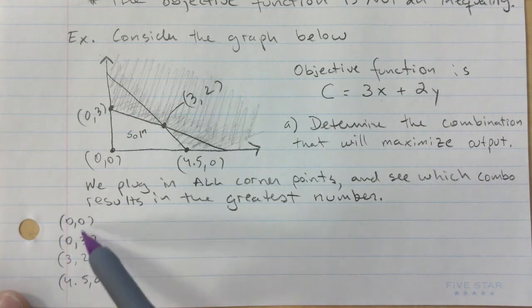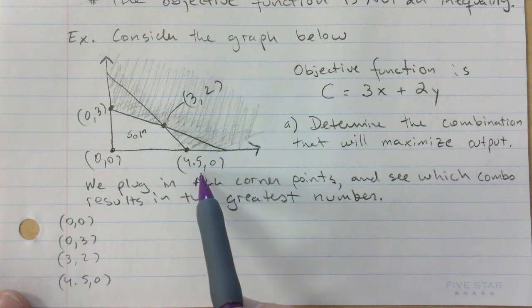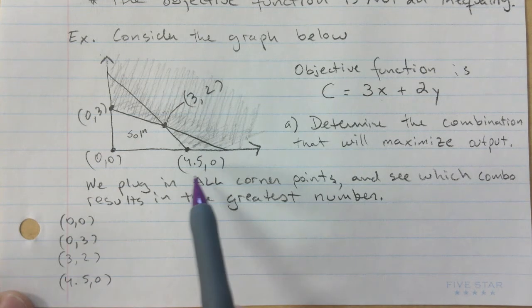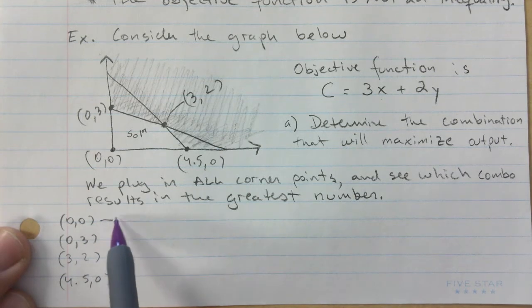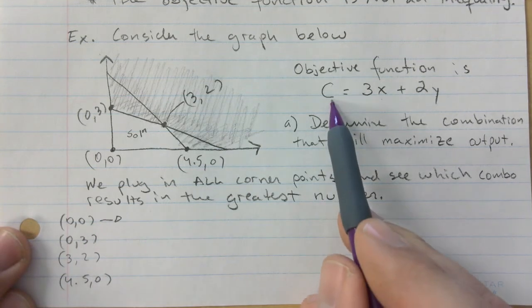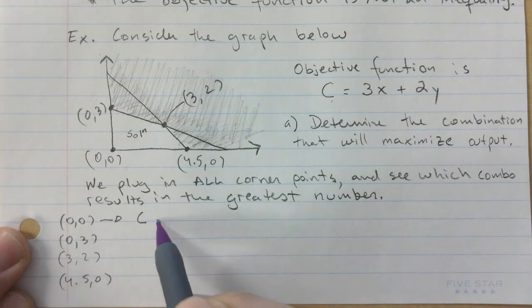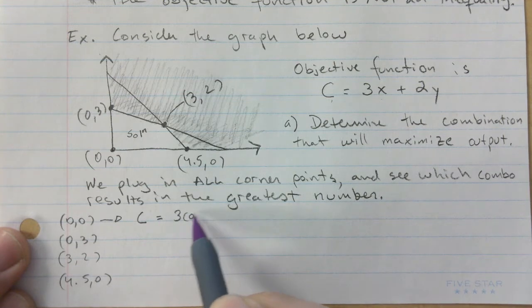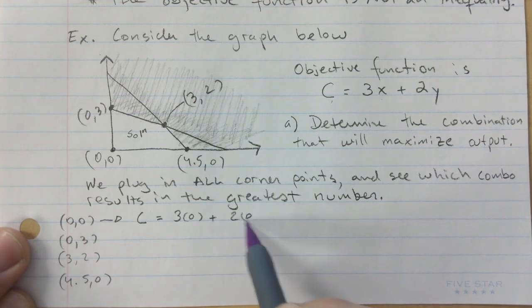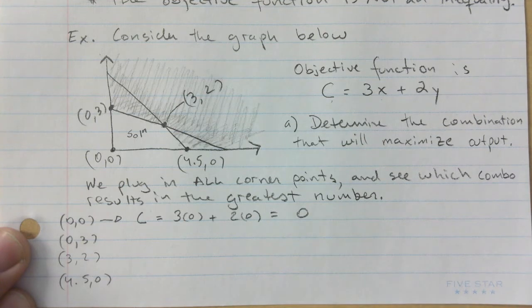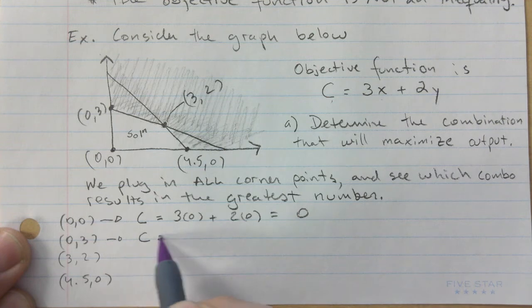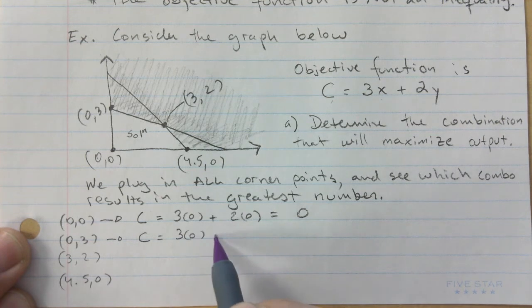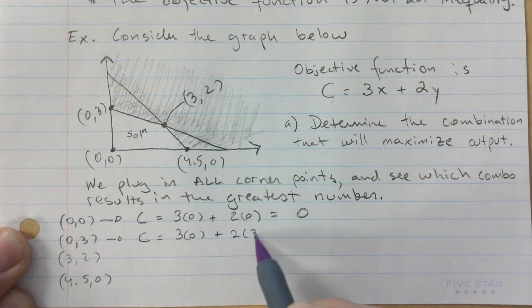Now, of course, depending on what we're talking about, continuous or discrete, you're going to have to round your corner points to a whole number. But basically, we take those points, you take your objective function. So here C would be 3 times 0 plus 2 times 0, which we know is just 0. Here, C would be 3 times 0 plus 2 times 3, which is 6.